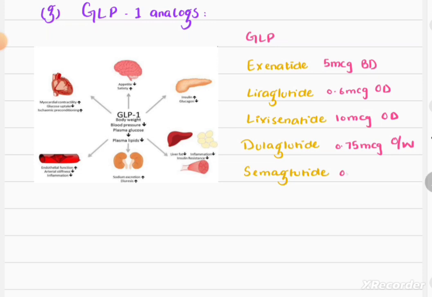You give 0.25 mg once weekly, and dose titration at monthly intervals for additional glycemic control is also done. The oral formulation of semaglutide is also available, and it is given in the dose of 3 mg once daily.